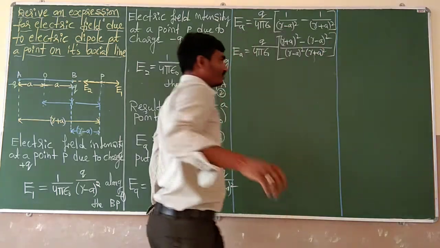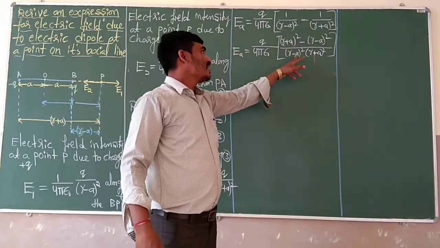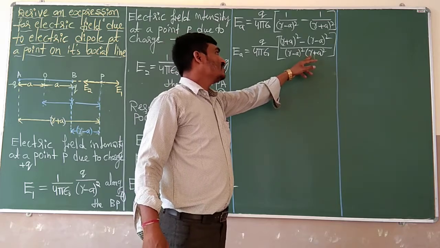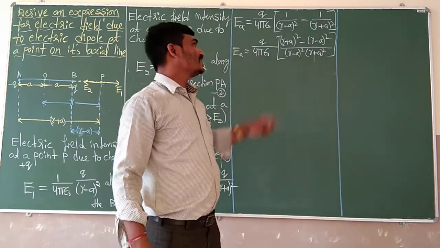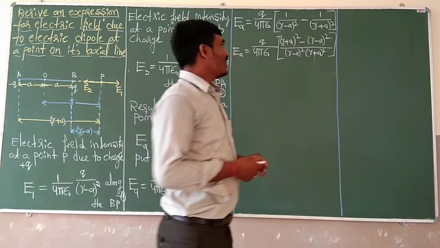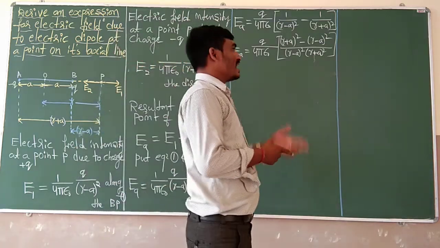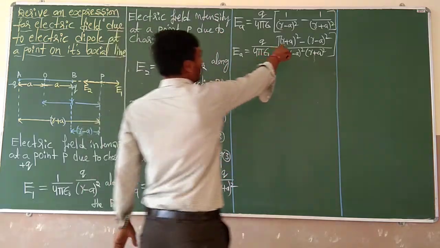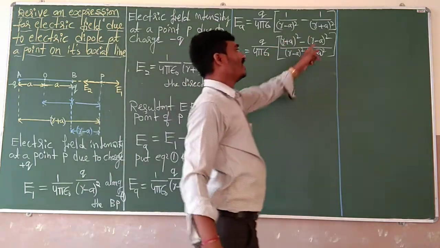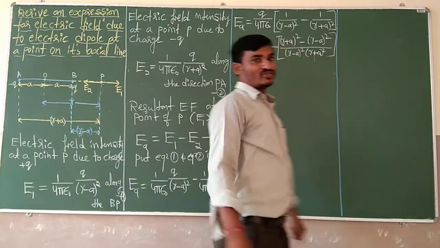This is the equation. We have a standard formula in mathematics: (a minus b) whole square into (a plus b) whole square is (a square minus b square) whole square. This is the (a plus b) whole square formula, and this is the (a minus b) whole square formula.